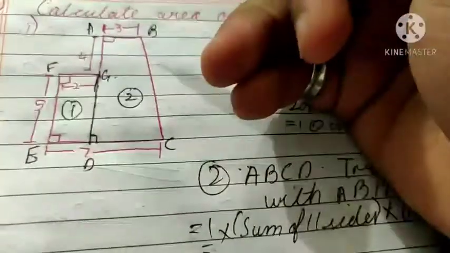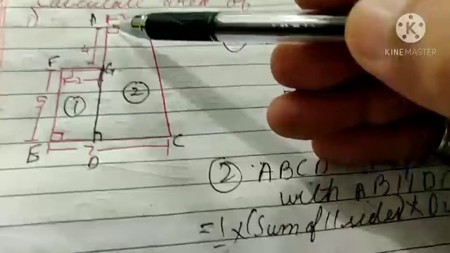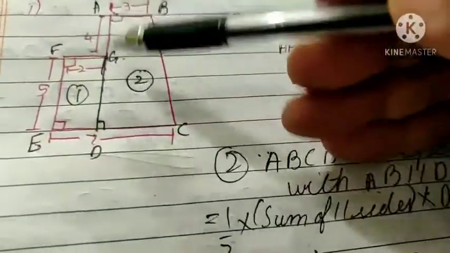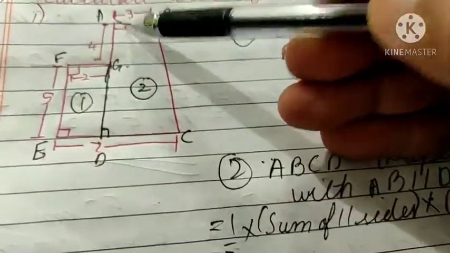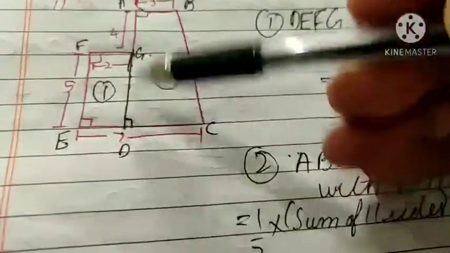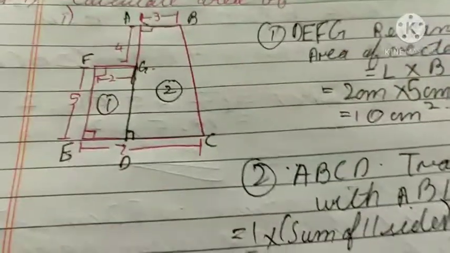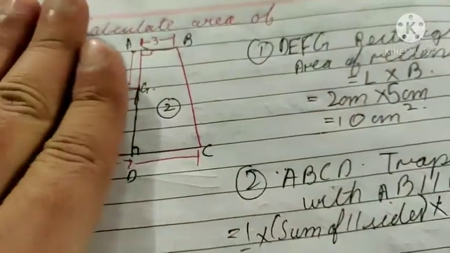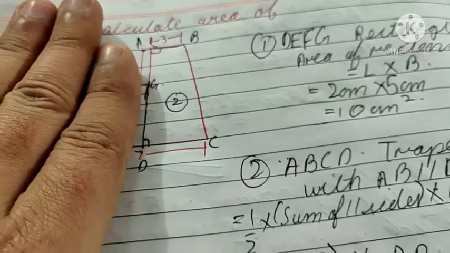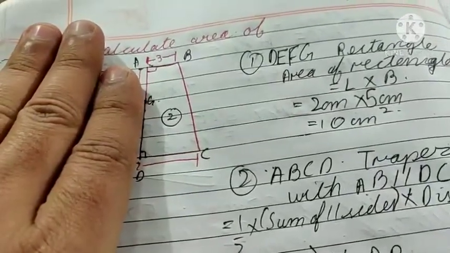Distance is always taken as the perpendicular. So this AD, if we see, is at 90 degrees here and also at 90 degrees here. So AD, that is a straight line, is perpendicular at both ends. That is, AD is the altitude, the height, or the distance between the parallel sides, AB and DC.